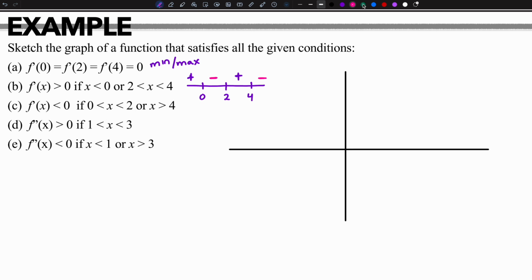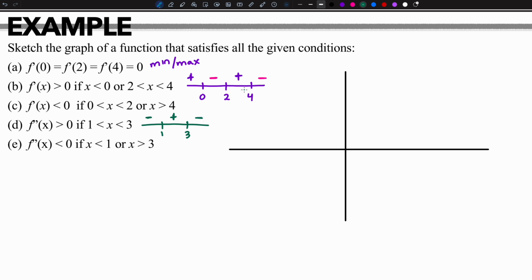Then we come to the second derivative. The second derivative is happening between 1 and 3. So it is positive between 1 and 3, and then it's negative on the other side. So it's concave down, concave up, and then concave down.